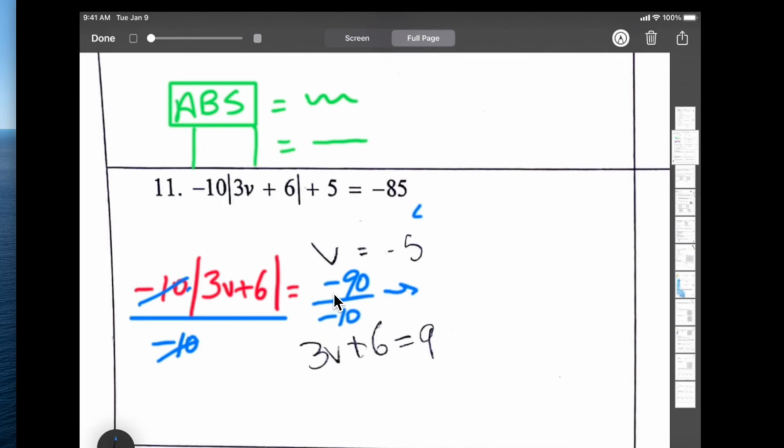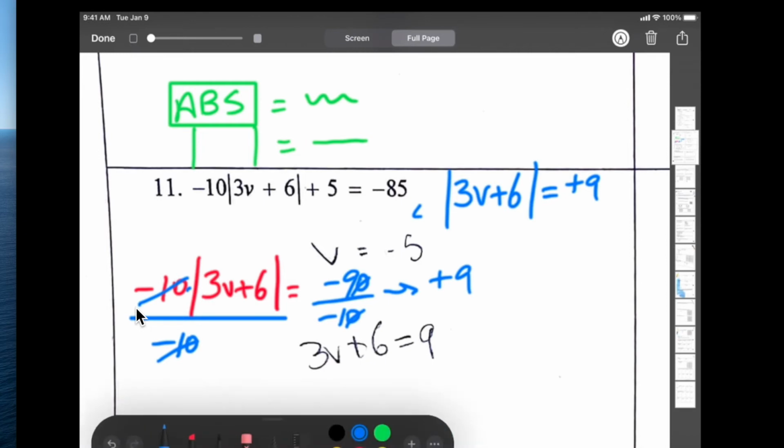A negative over a negative is going to give us a positive. We can cross off those zeros at the end, and we end up with +9 over here. Okay, so now we've done our job. We now have an absolute value by itself. Okay, we now have absolute value of 3v plus 6 by itself equals +9. Beautiful. Okay, we are not done.